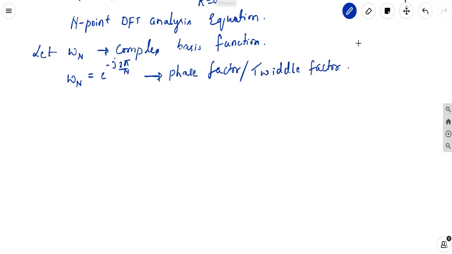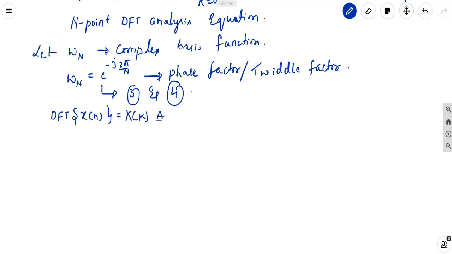Now this twiddle factor, omega N, I am going to substitute in equations 3 and 4. Equation 3 becomes DFT of x of n, which will be equal to X of k.